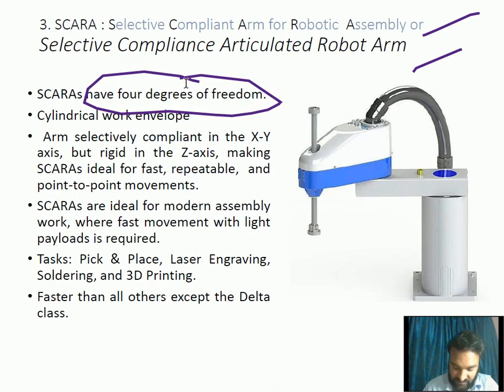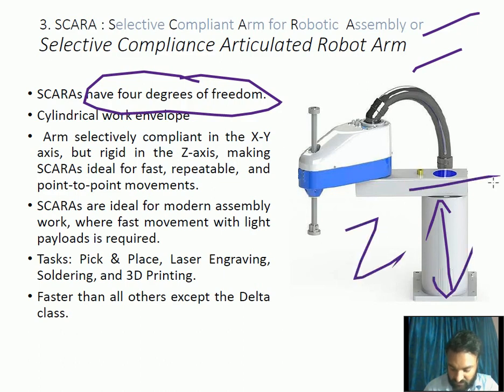Again it has a cylindrical work envelope. There are 3 axes, X, Y and Z. Mainly X and Y are used because the Z axis is fixed. So if the height is fixed, this link can move only in a rotational way.